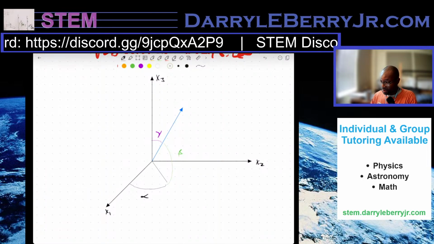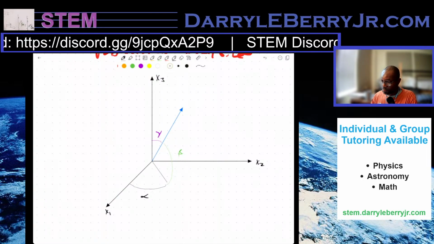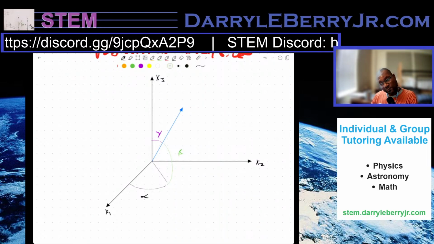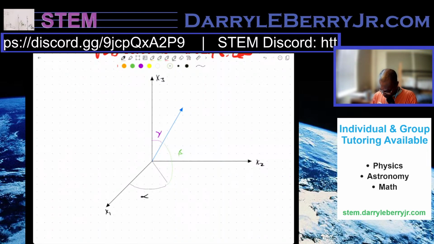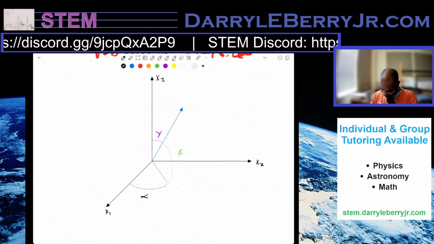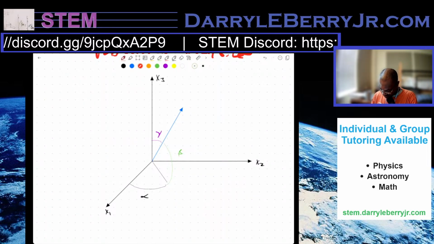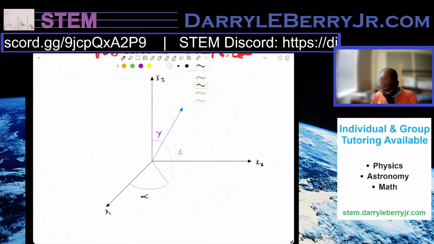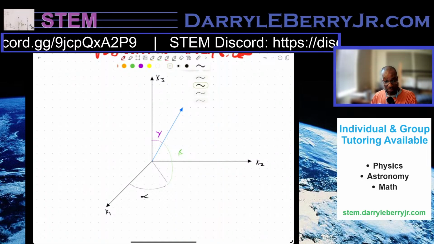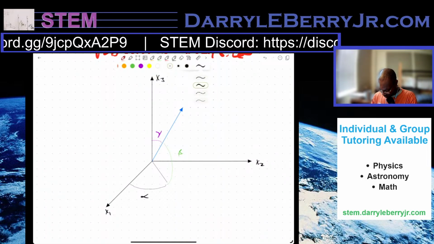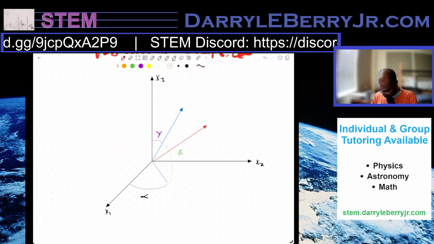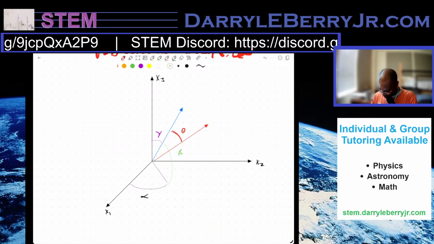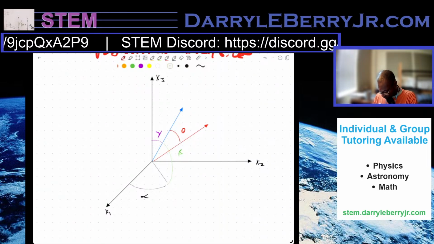All right, so that's the drawing that we're looking at. And the transformation is going to be here. This will be theta between these two.